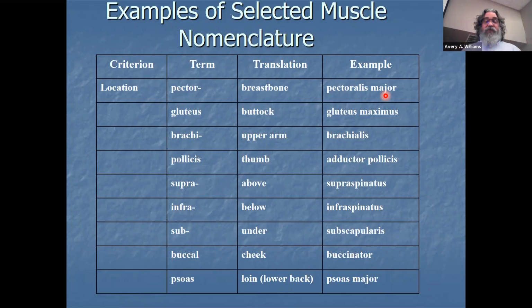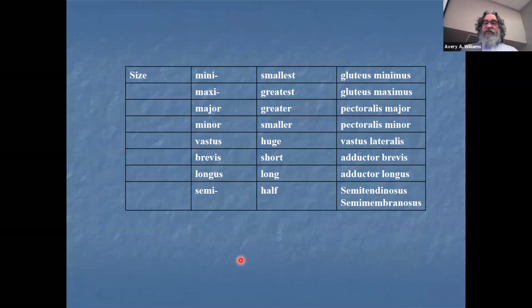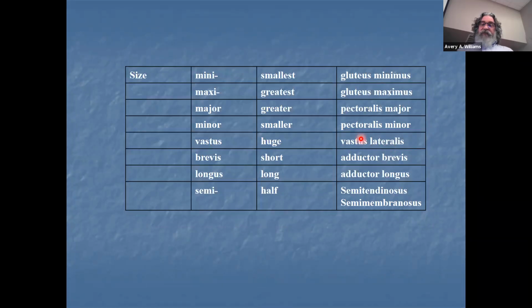That's how I'm going to ask questions. Or say the vastus lateralis was named according to its location and what? Because lateralis is a location, right? What does vastus have to do with? I'll give you a hint. It's right here. Size. So that's how I'm going to do that.